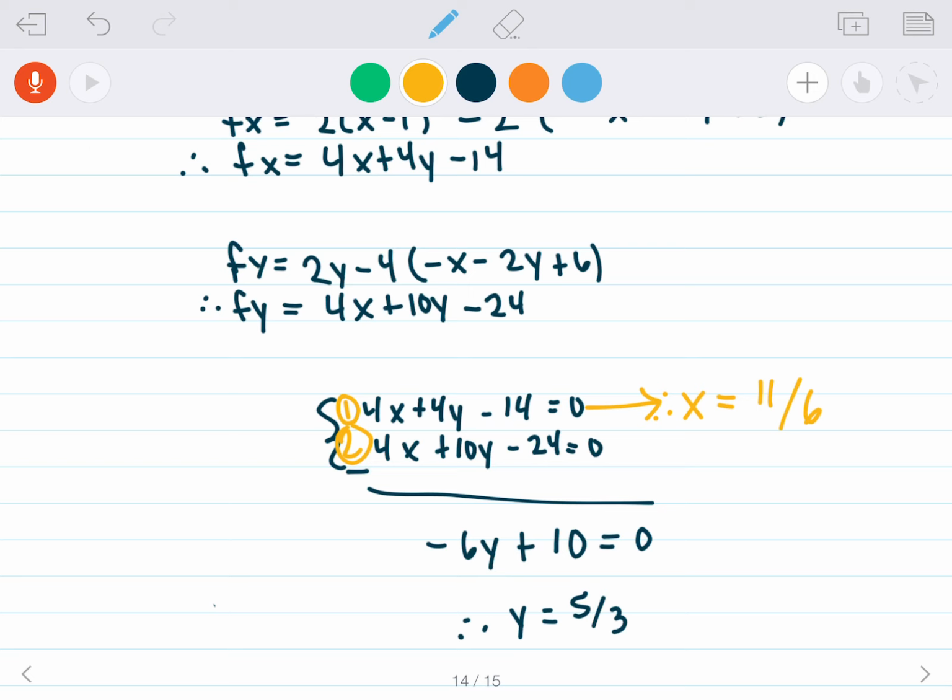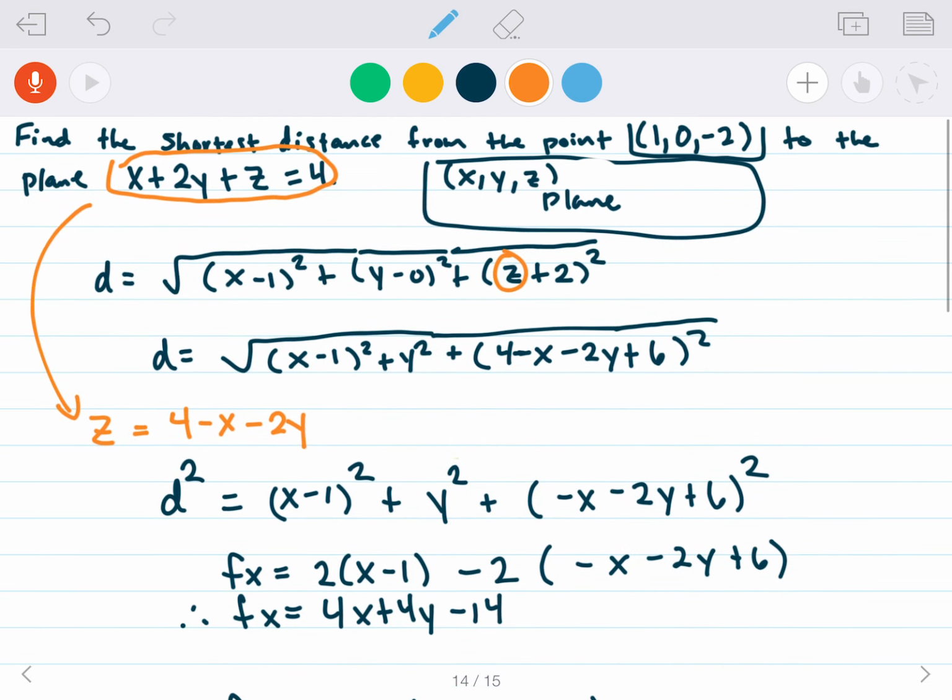Okay, now I need to figure out the shortest distance. I only found the x and y that correspond to the shortest distance. Now I have to plug these x and y values into my distance formula.